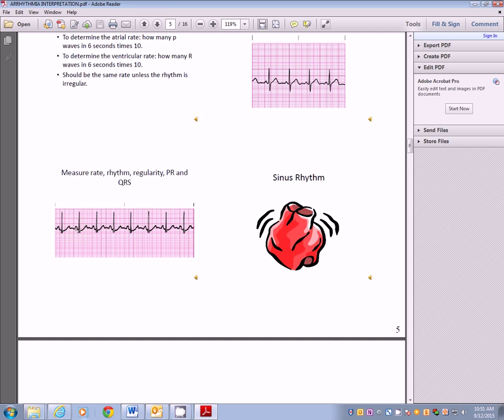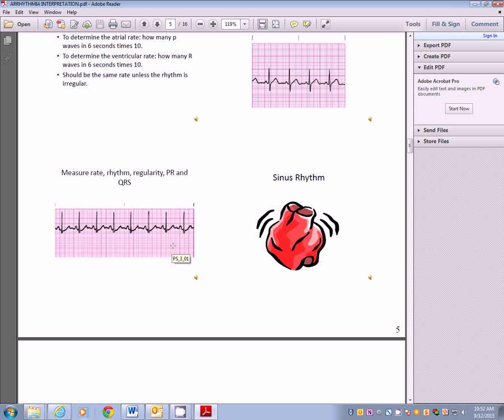It looks like about 5 boxes, so 0.20, which is normal. Then you would measure your QRS, and it looks like about 2.5 boxes, so that's normal. You're just going to have to get used to measuring within those normal limits of those boxes. All right, so let's talk about some of the rhythms.